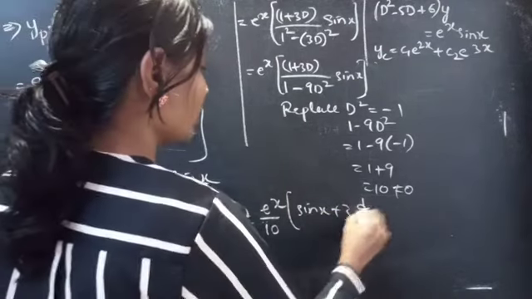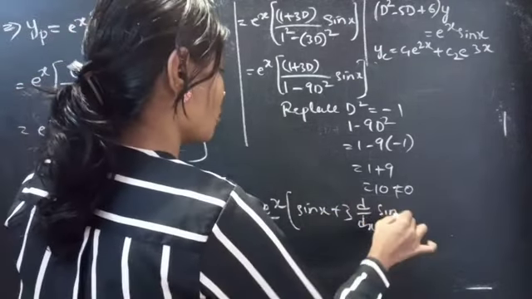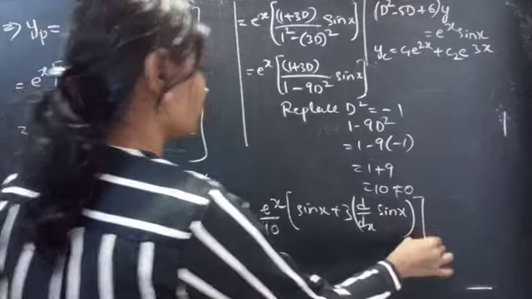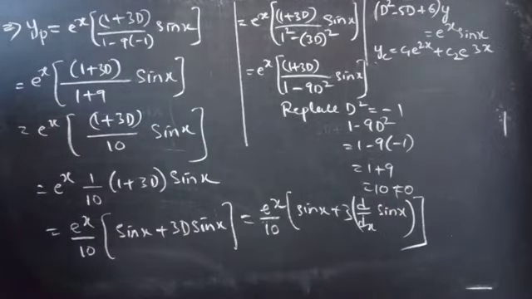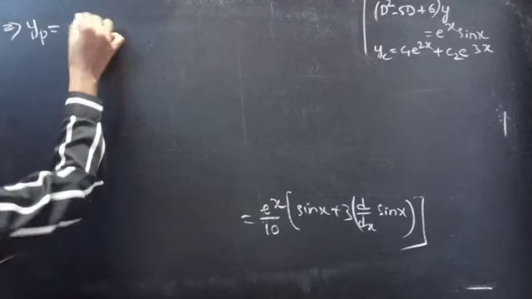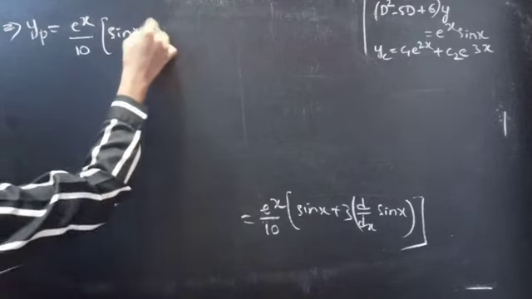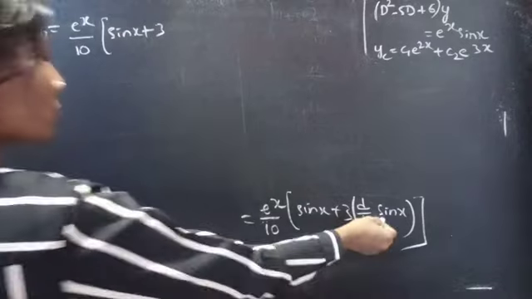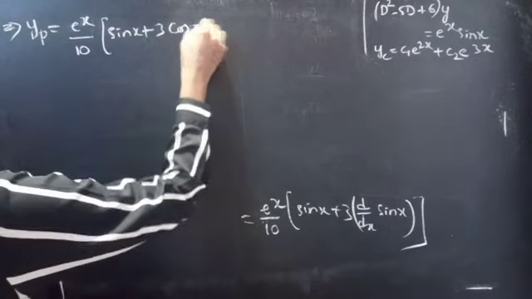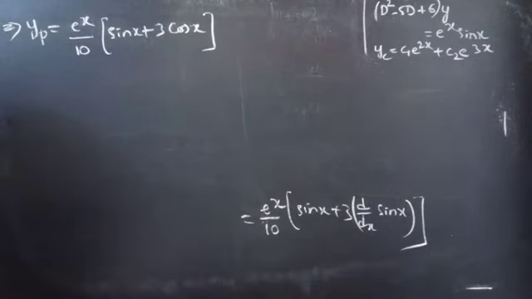So now we need to find the derivative of sin x with respect to x. yp becomes e^x by 10 into sin x plus 3 into the derivative of sin x with respect to x, which is cos x, which is our required particular integral.